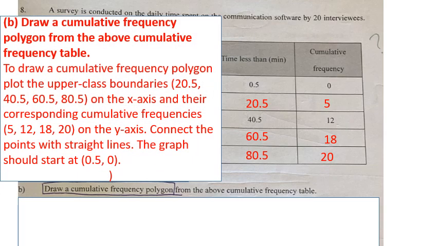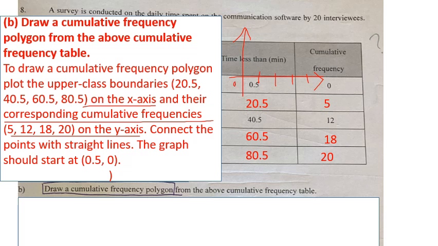To draw the polygon, plot the upper class boundary 20.5, 40.5, 60.5, and 80.5 on the x-axis, and the corresponding cumulative frequency on the y-axis.